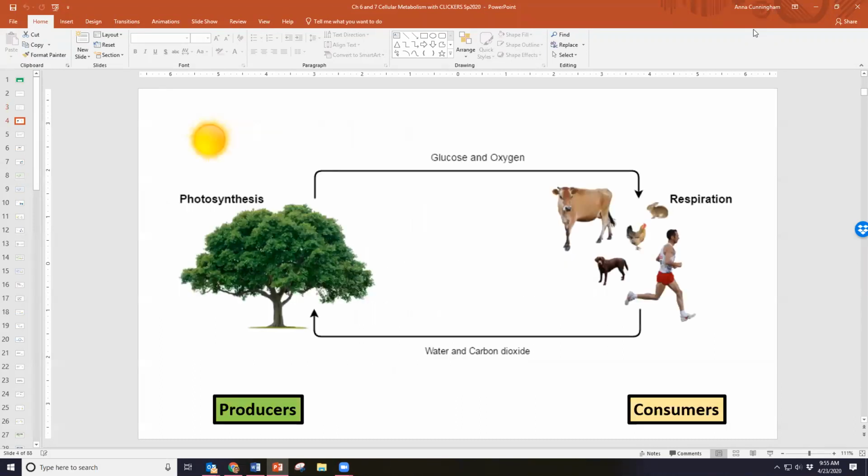I do want to mention that in an ecosystem, even though we take metabolism and separate it into anabolism and catabolism, these are intimately linked and depend on each other.